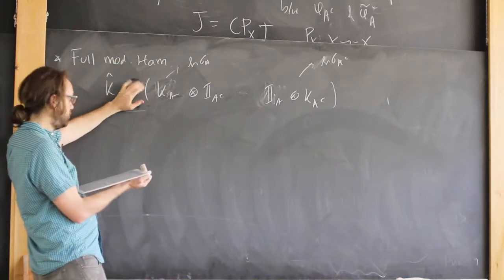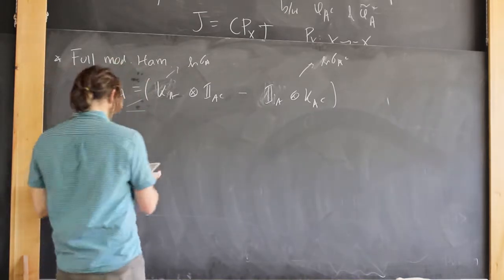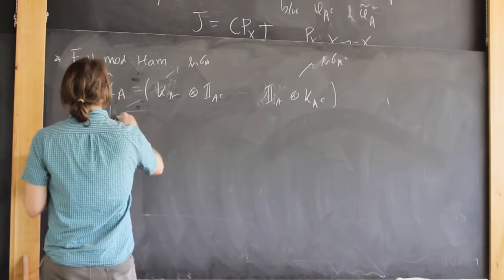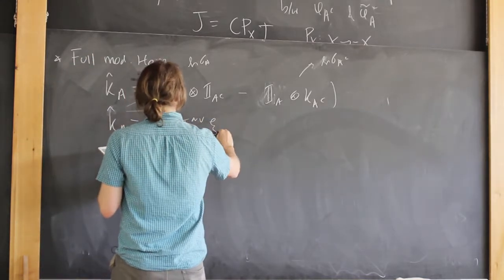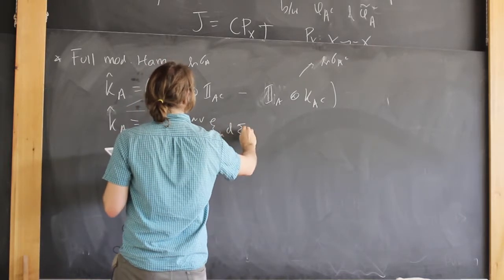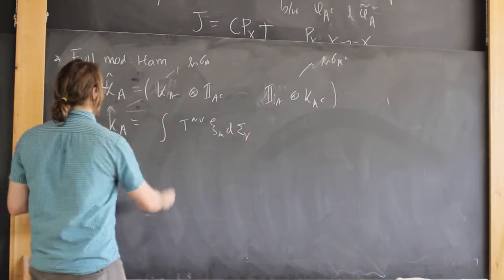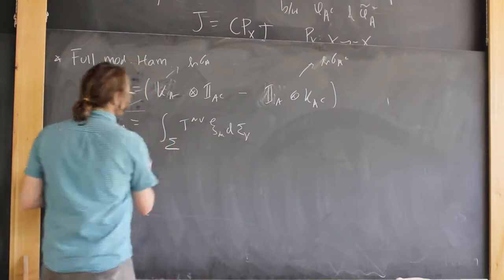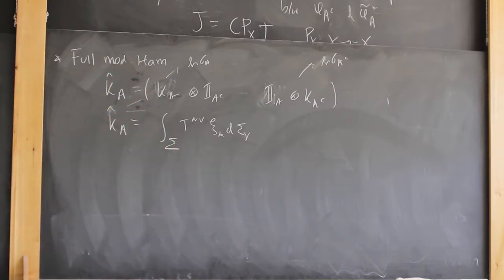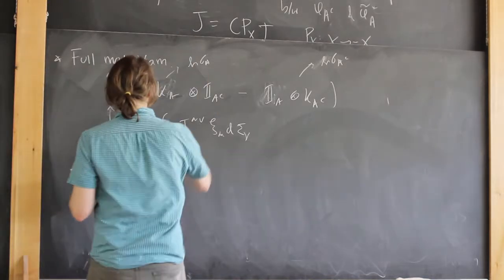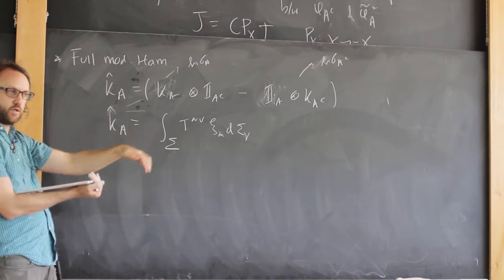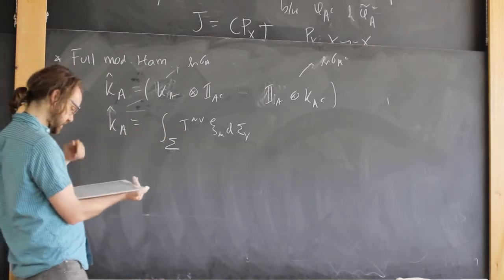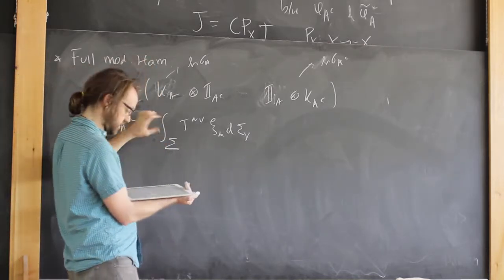And so, one way to understand, well, in this case, the full modular Hamiltonian in the Rindler case, well, what is it? It's just an integral, the same expression that we had before, sigma nu, something like that. But now, instead of integrating over A, we integrate over the full Cauchy slice, okay? And that has the effect that now we can move the whole thing around. We don't have to keep it fixed at a point. And so that means that this is not a singular operator.